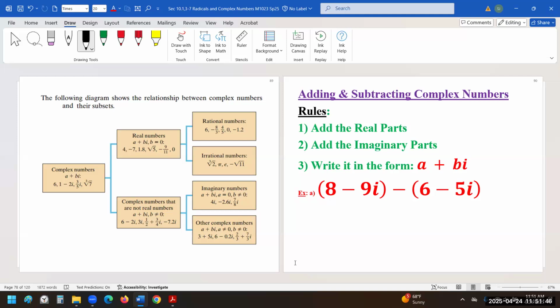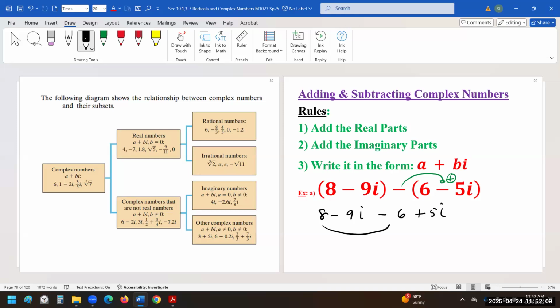So anytime you subtract something, you always have to change the sign of the thing you're subtracting. So first step, the negative sign turns into a positive sign. So it's 8 minus 9i minus 6 plus 5i.